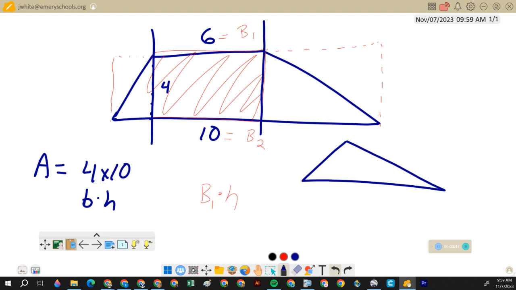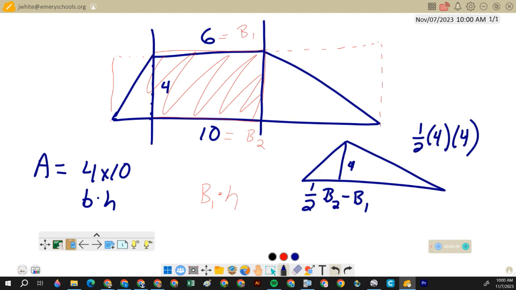So the leftover for the big base is just 10 minus 6. So this is B2 minus B1. And how high is that? Still 4. So this triangle is 1/2 times 4 times 4. Okay? And then I would add that back. So 1/2 times B2 minus B1.